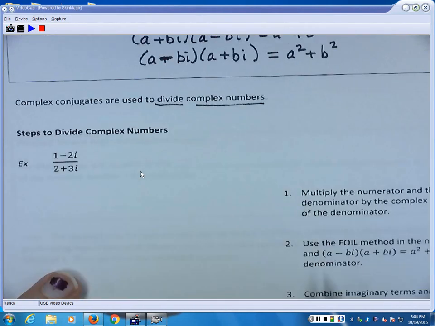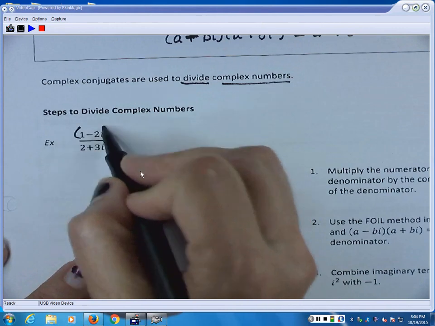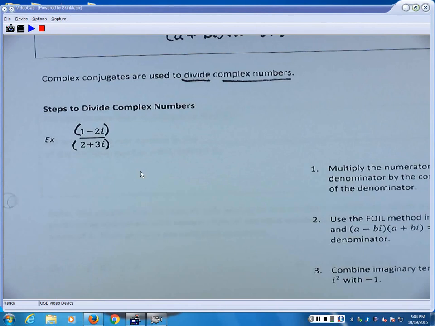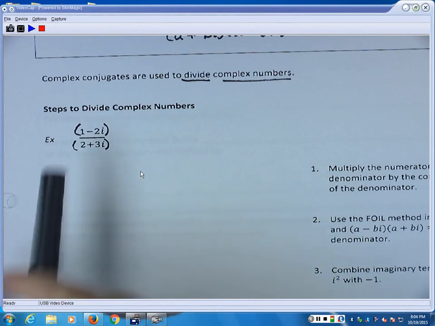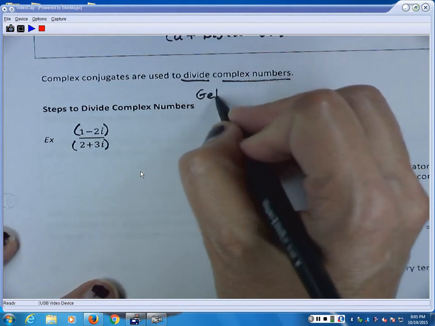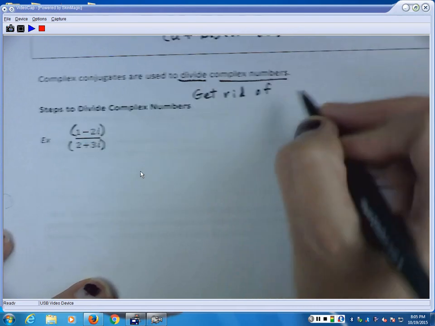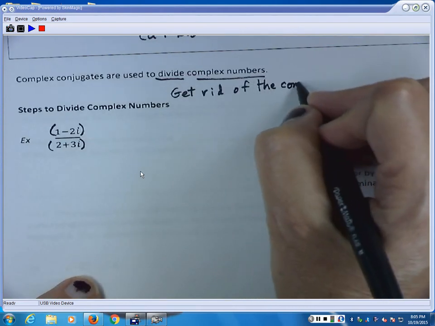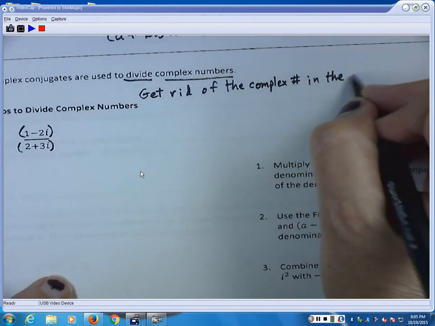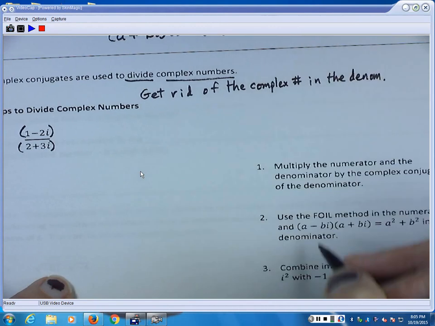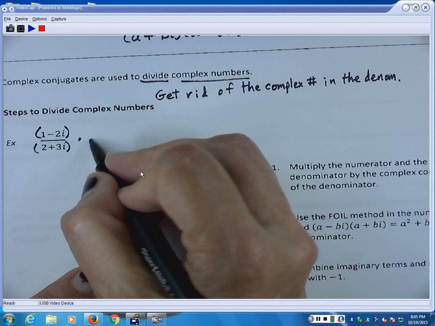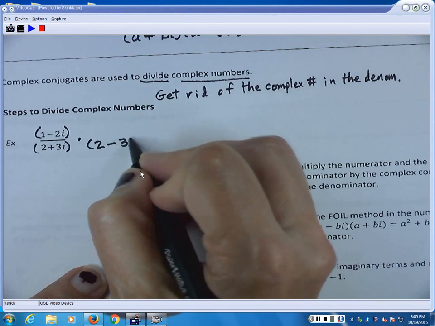Here are the steps to divide a complex number. If we're going to divide, and we have to put parentheses around these, we're going to divide this by this. We don't consider it simplified. We have to get rid of the complex number in the denominator. In order to do that, we will multiply the denominator by the complex conjugate of the denominator.